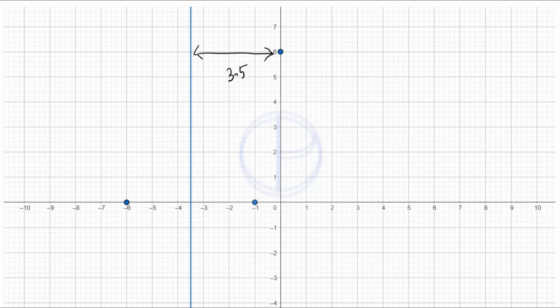Okay. Now mark 3.5 units to the left of the axis of symmetry. That is, it will be (negative 7, 6).